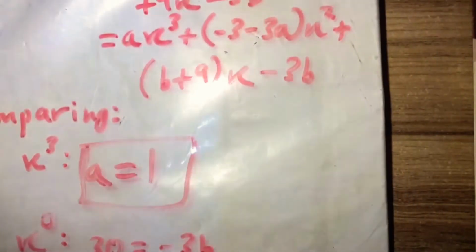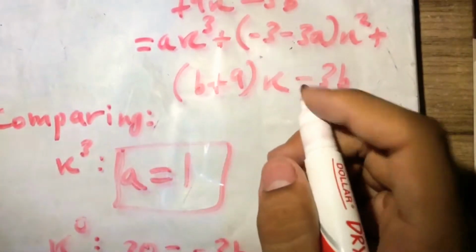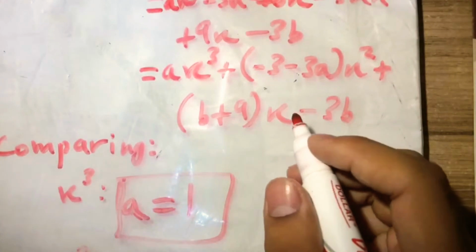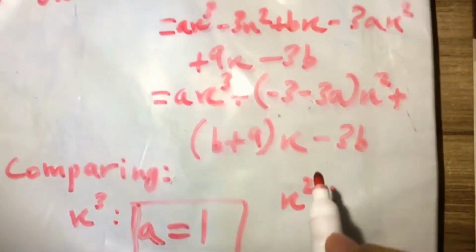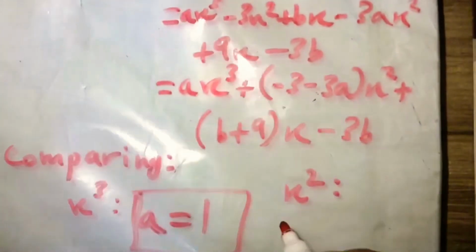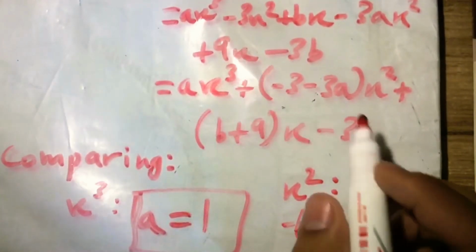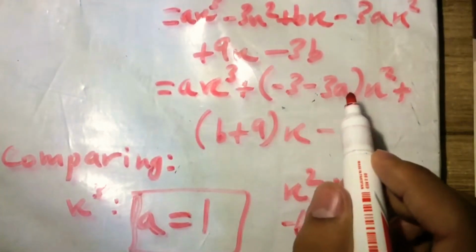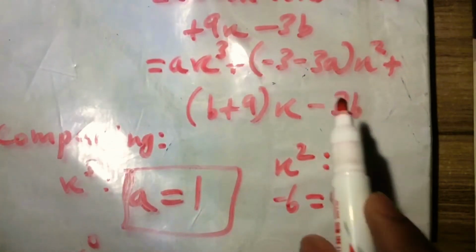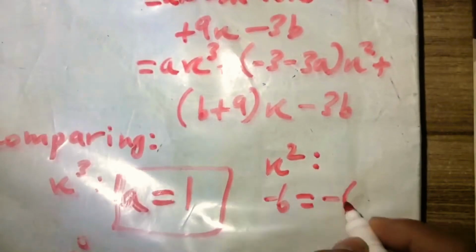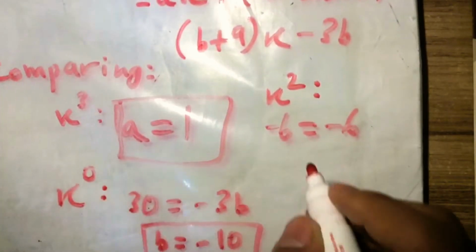Now to check this, we can also compare the coefficient of x square or x. So taking x square, here it is minus 6 equals, over here it is minus 3a, and we have a as 1, so minus 3 is minus 6. So that is confirmed.